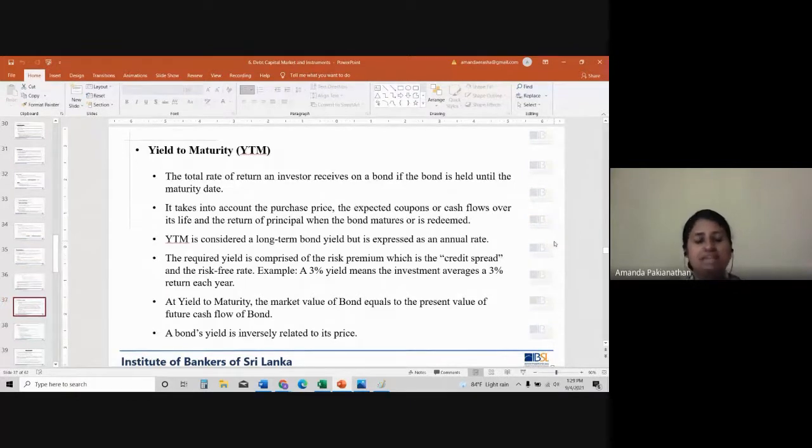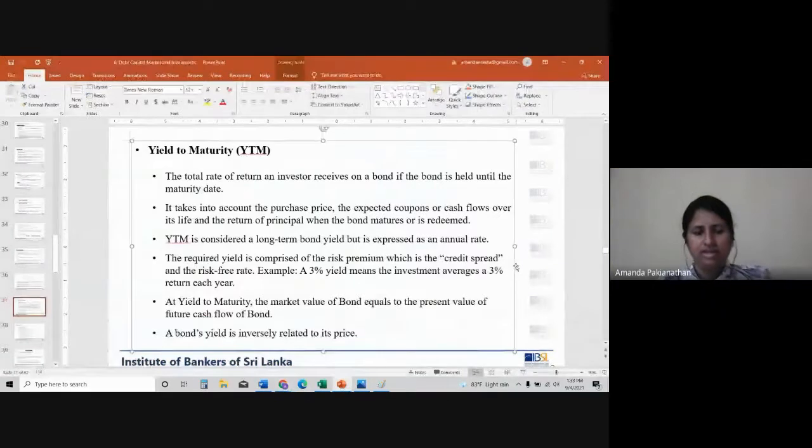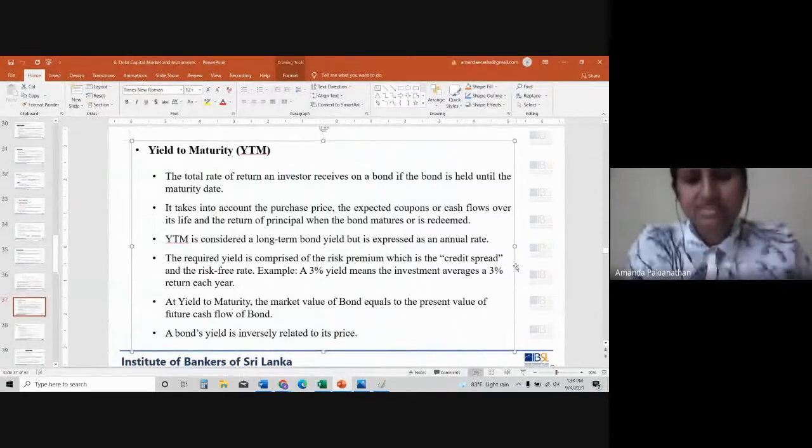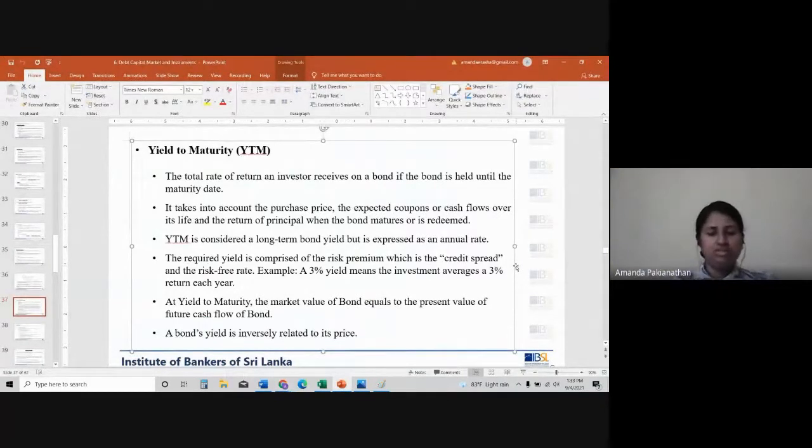It will take the purchase cost, your coupon payments, and the return of principal on maturity. Again, yield to maturity is denoted as a percentage.